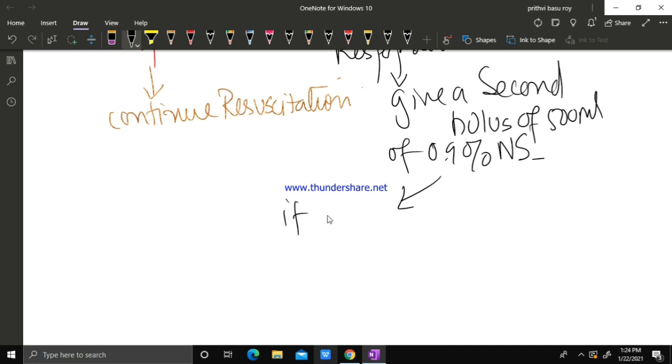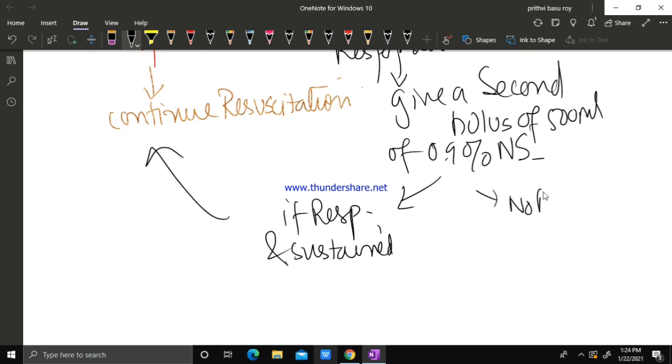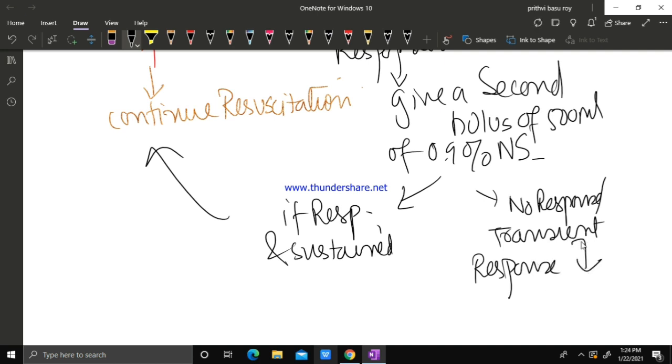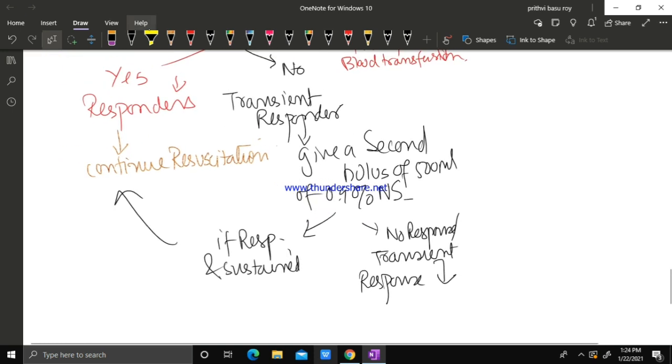If there is a response and it is sustained, continue resuscitation. If there is no response or again a transient response, then you are going to plan for blood transfusion. Clear?